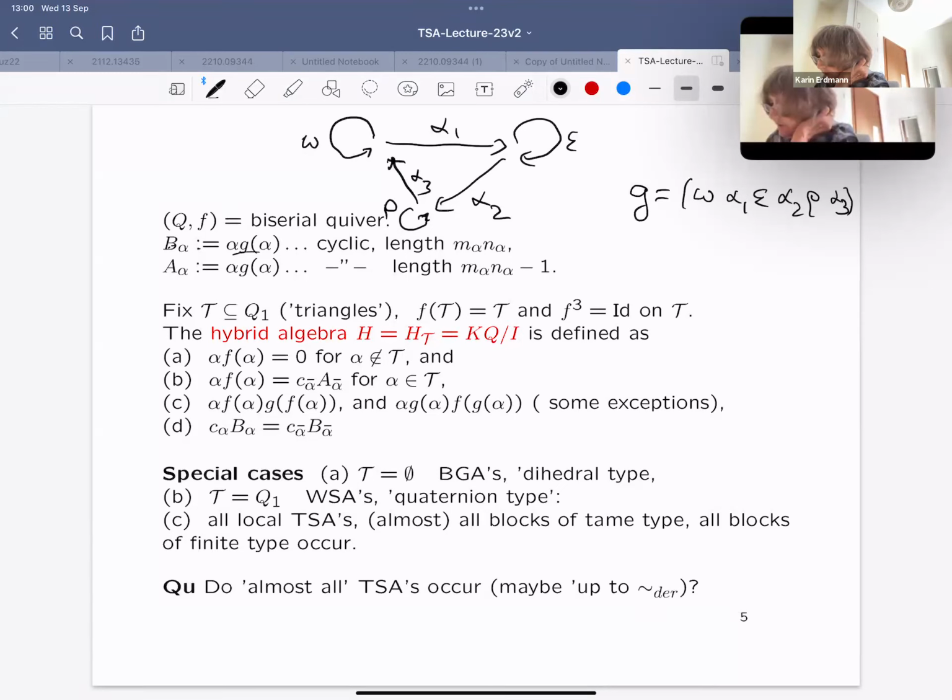So n alpha is the length of the cycle, and m alpha is some multiplicities.